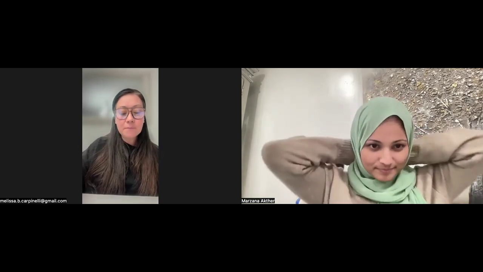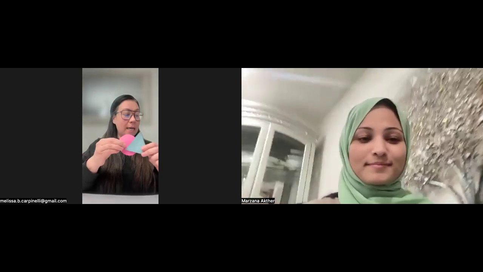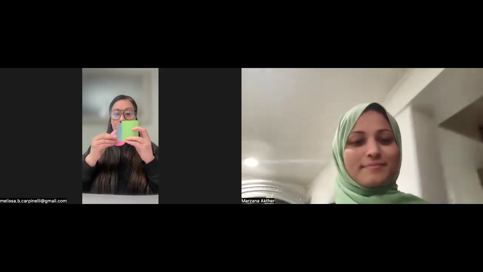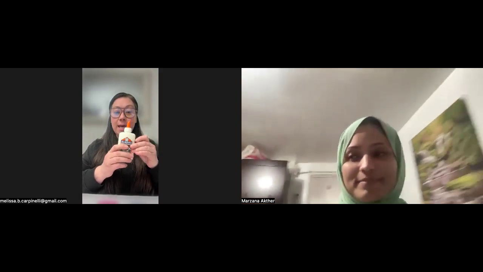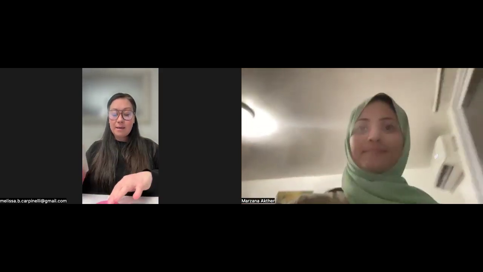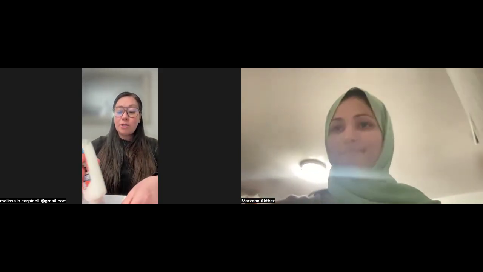We're going to make a picture or a pattern or whatever you like because it's your art. We're going to take our paper, take a shape each, take our glue, and make a collage.